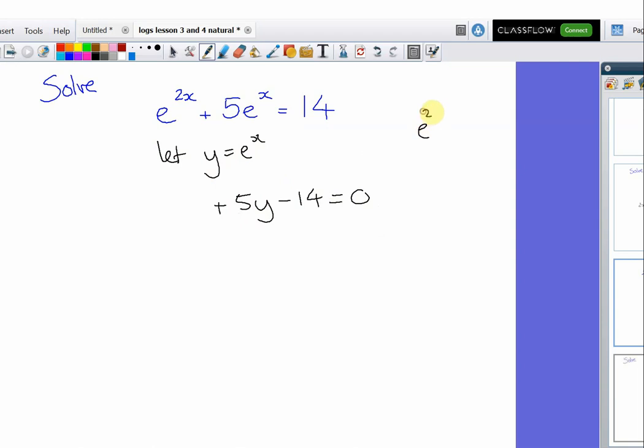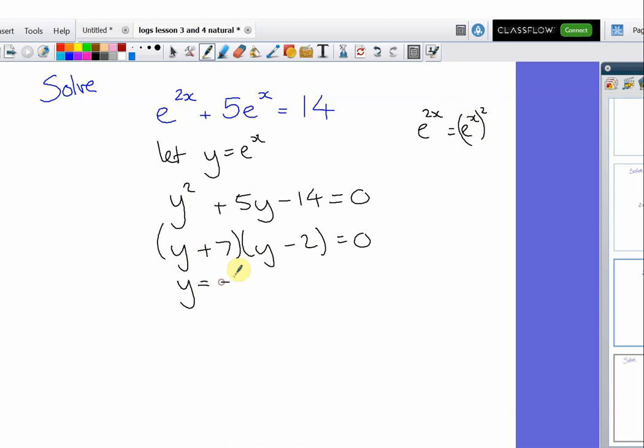But I need you to recognize that e to the x squared, because of the power law, is the same as e to the 2x. So that must be y squared. Well, let's factorize now. So y plus 7, y minus 2. So we get two values, minus 7 and 2. So therefore e to the x is minus 7 and e to the x is 2.